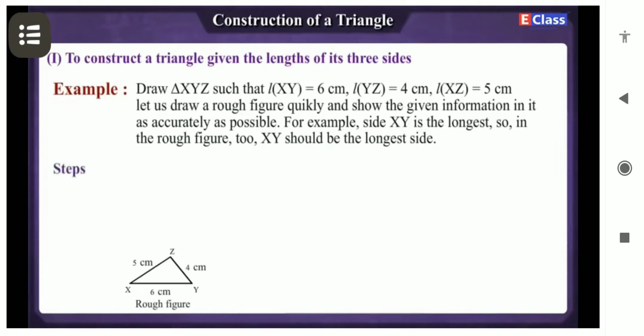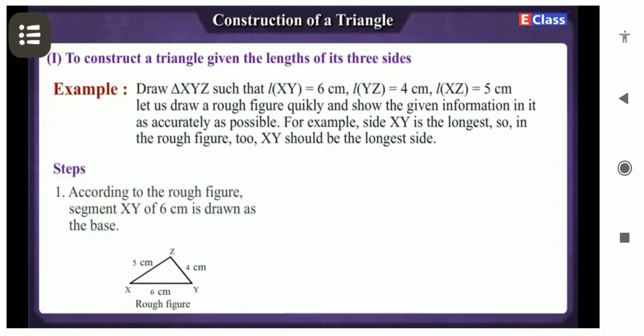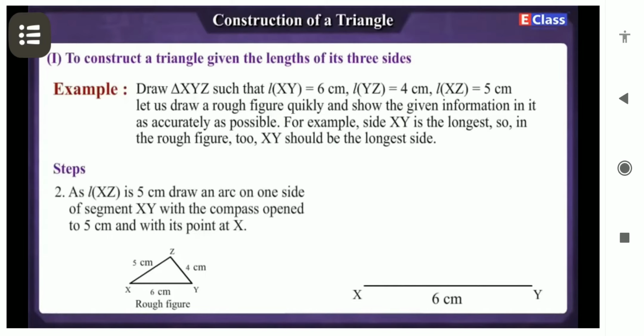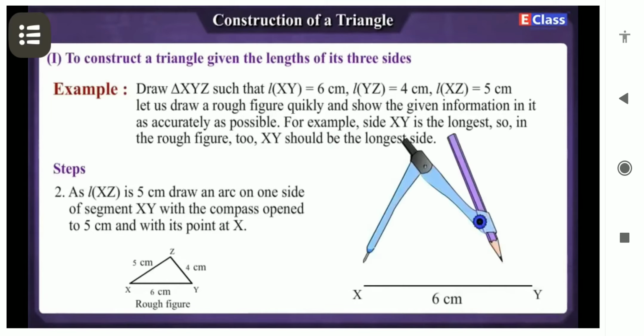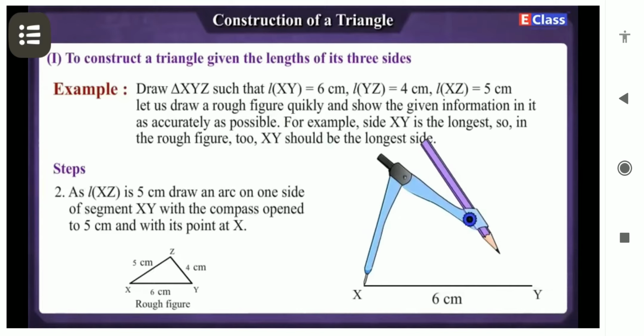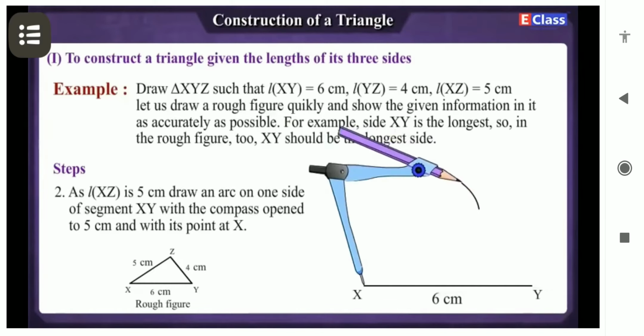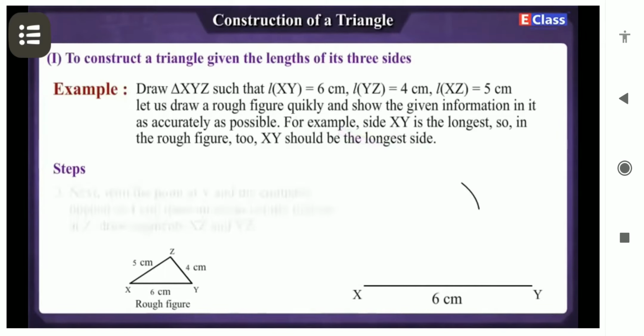Steps. 1. According to the rough figure, segment XY of 6 centimeters is drawn as the base. 2. As length of segment XZ is 5 centimeters, draw an arc on one side of segment XY with the compass opened to 5 centimeters and with its point at X. 3.